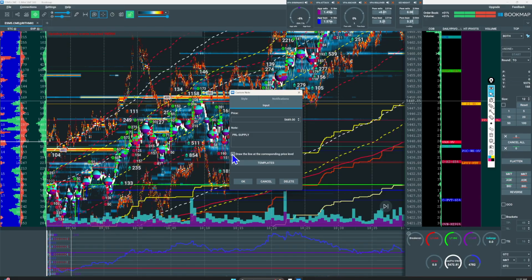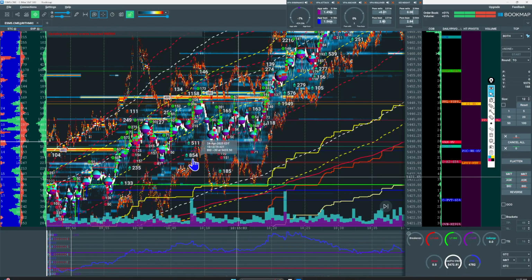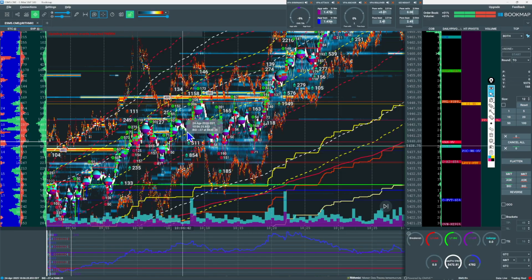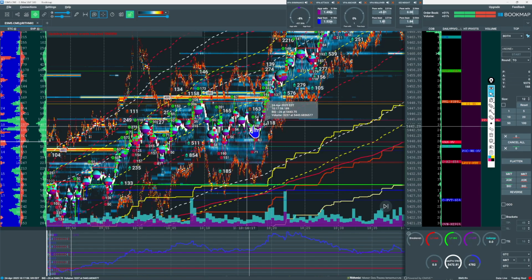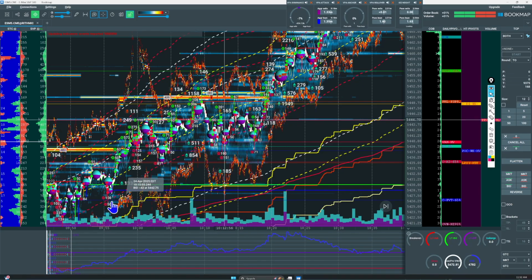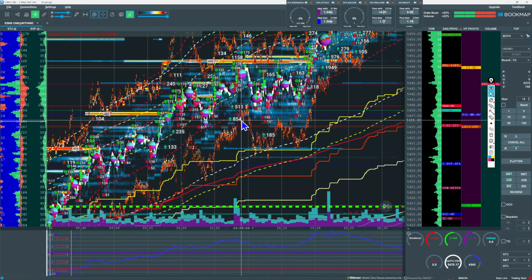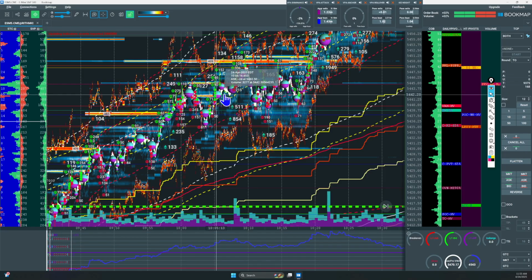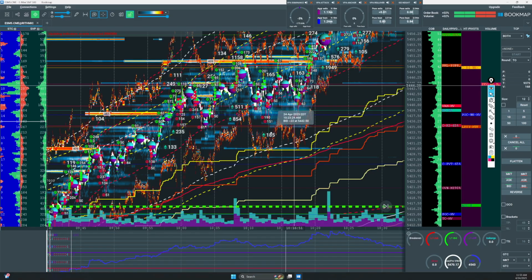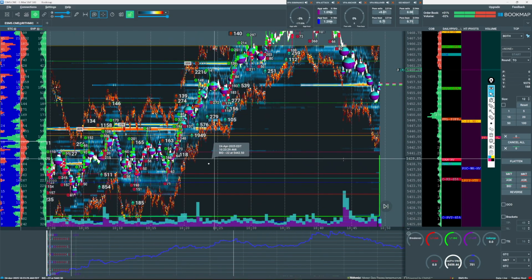So that's the preliminary supply. That's the first sign of selling right there. That's really where we get this consolidation, a small change in character as we move sideways. Mostly we weren't moving sideways, we were just getting small pullbacks and just taking off, right? So we had a little consolidation right there. So we labeled that preliminary supply.